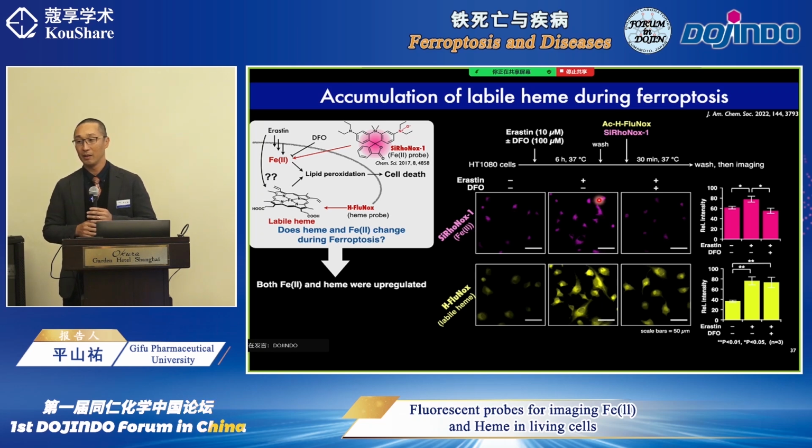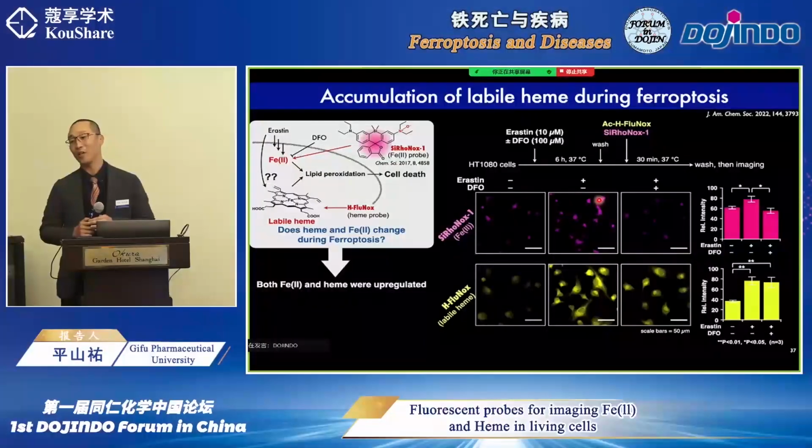Okay, and then in the slide, because you use erastin, and we generally think erastin induces ferroptosis, right? And then there is more heme, perhaps because the cells were going to die, and some iron binding protein just released it, and that makes your heme signal bright. Here this is a high heme fluorescence signal.